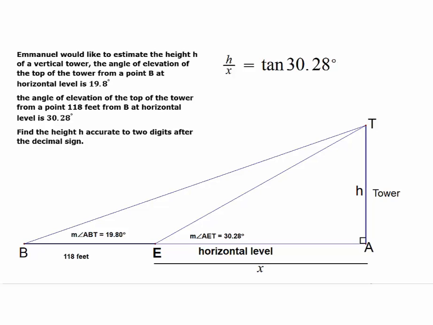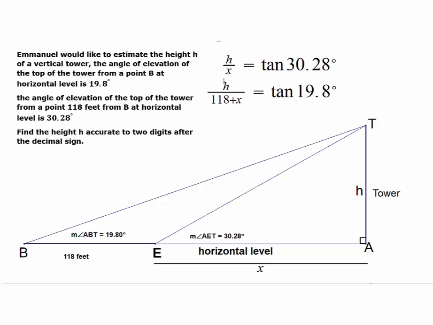Now let's notice that the side adjacent to 19.8 degrees is 118 plus x, and the opposite side is h. So h over 118 plus x is tangent of 19.8 degrees.